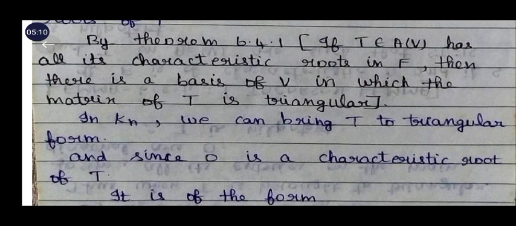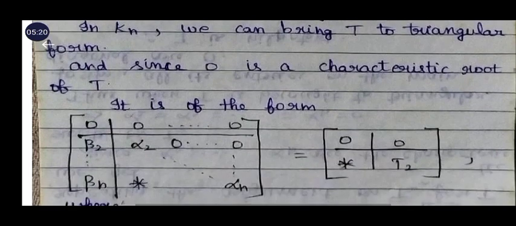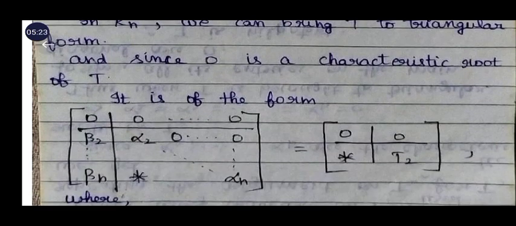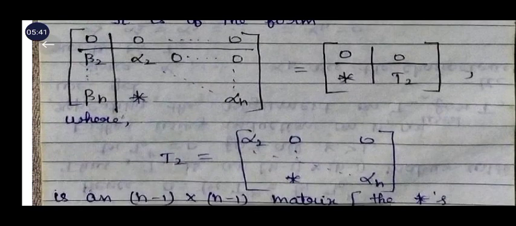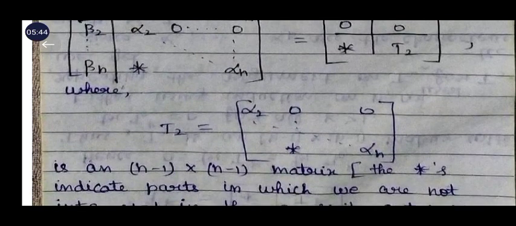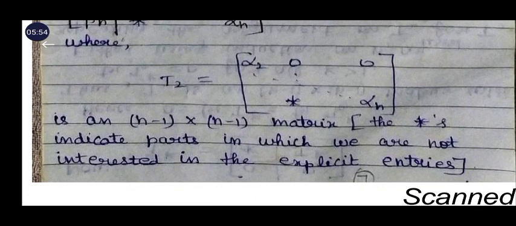From this we get that in Kn we can bring T to triangular form, and since 0 is the characteristic root of T, it is of the form 0 0 0 0 and so on, with entries B2, alpha 2, 0, 0 and so on, Bn star and so on alpha n, which can be restricted to 0 star, 0 T2, where T2 equals alpha 2 0 0 0 and so on star and so on alpha n, an n minus 1 cross n minus 1 matrix.